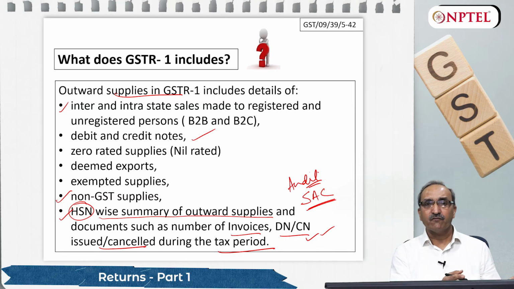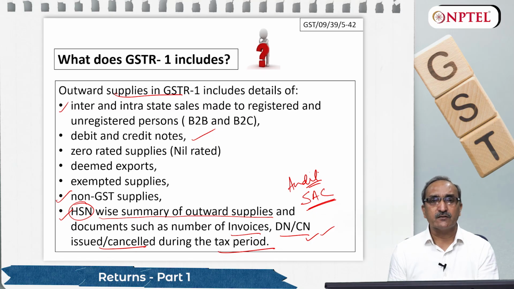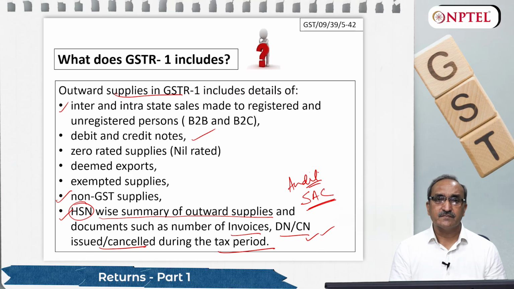Apart from that, I am also declaring the HSN codes of the products I am selling and the SAC codes of the services I am providing to my customers, along with the serial numbers of invoices raised, debit notes raised, credit notes issued, and cancelled, if any, for that particular month.